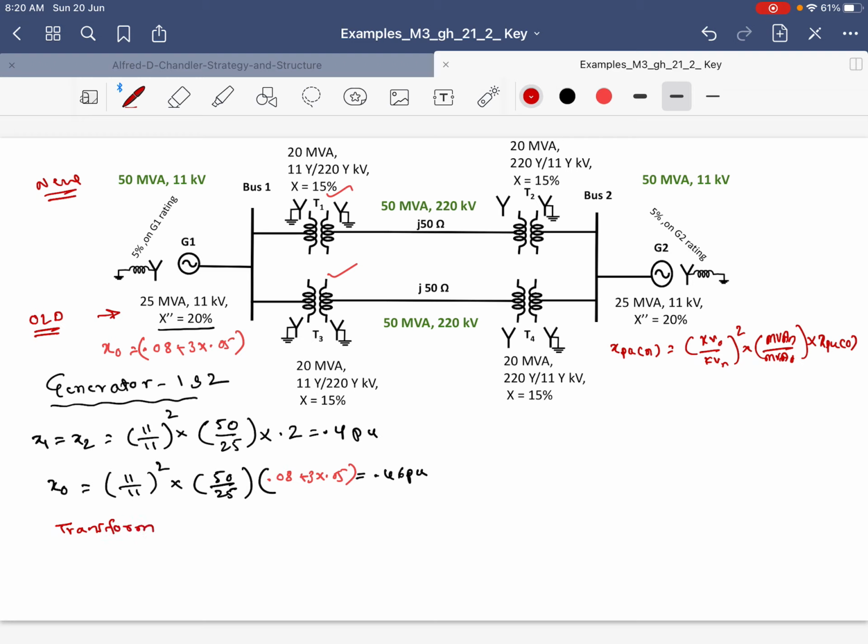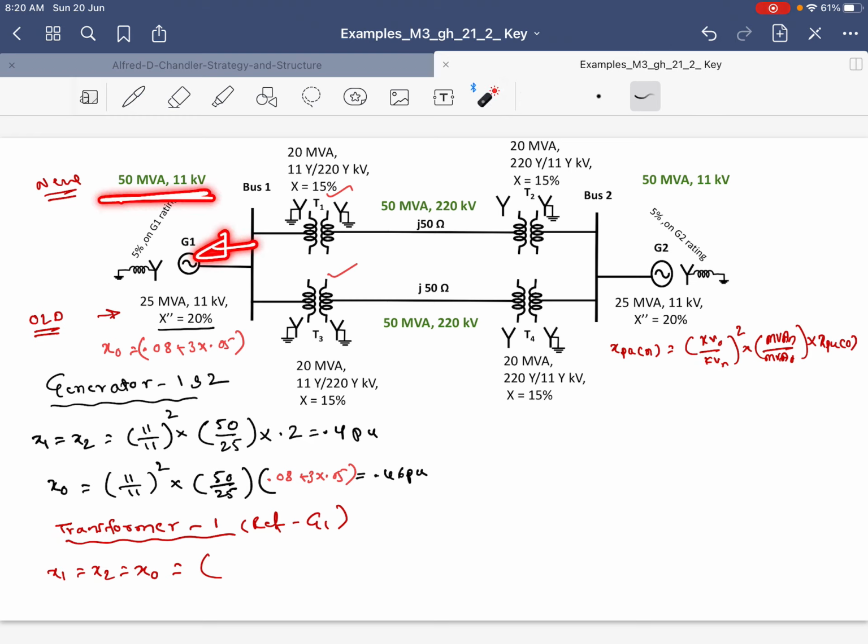Transformer 1 here, x1 is equal to x2 is equal to x naught is equal to, I am straight away substituting the values. kV old, that is I am referring to generator 1 side, that is referring to this side, so I have to make use of this base quantity.